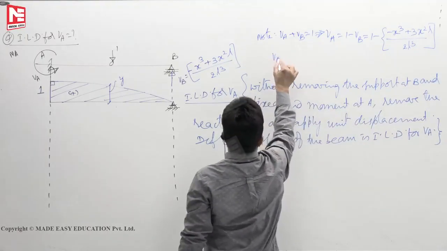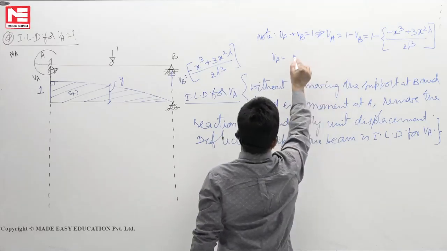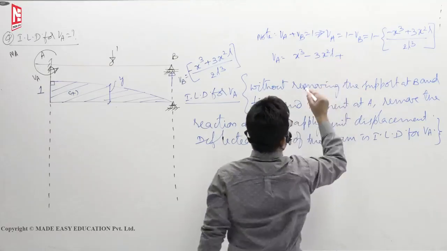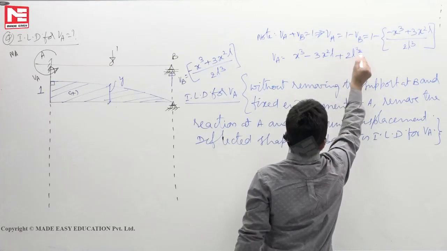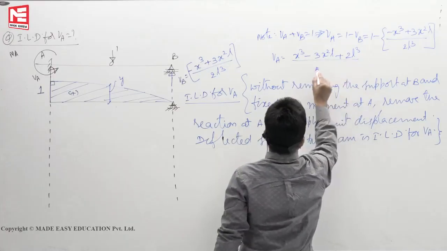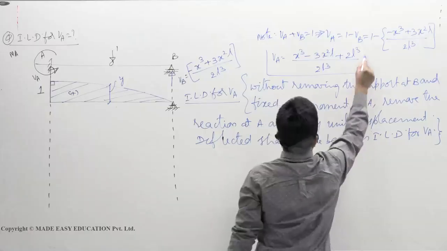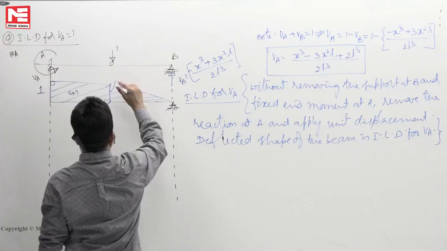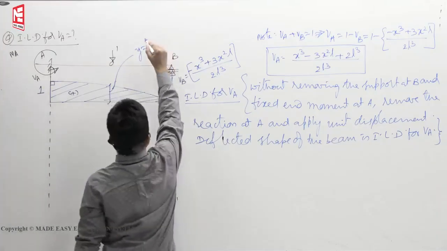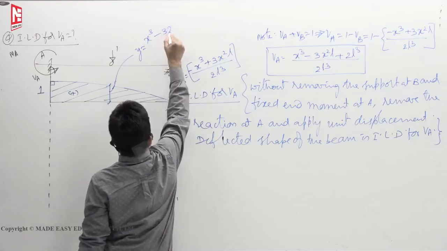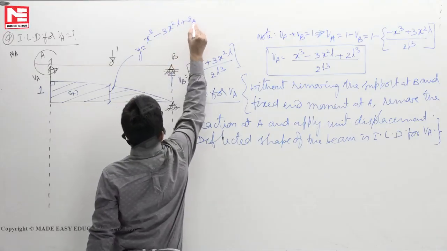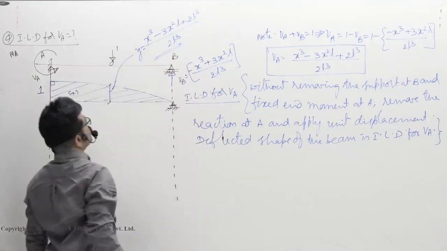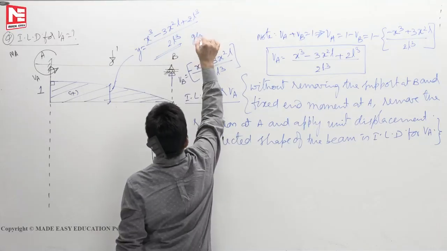So you will get VA equal to x cube minus 3x square L plus 2L cube by 2L cube. You see, VA is also a third degree curve. So the general expression Y, if at all they ask you, is like this: Y is equal to x cube minus 3x square L plus 2L cube by 2L cube. This is the general expression for VA.